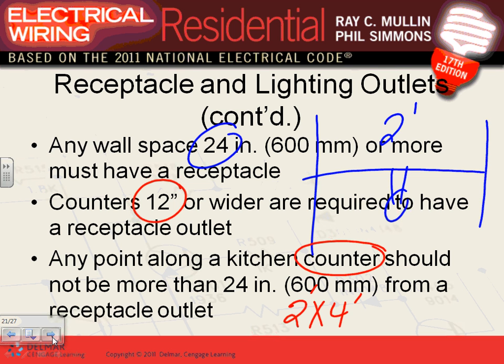Everybody knows 2 by 4, right? It's like 6 by 12. 2 by 4 is 2 feet from the edge of the countertop, receptacle, then move 4 feet, receptacle, 4 feet, receptacle. Way at the other end, or the sink edge, you can't be more than 2 feet. Cool? The rule of 2 by 4.